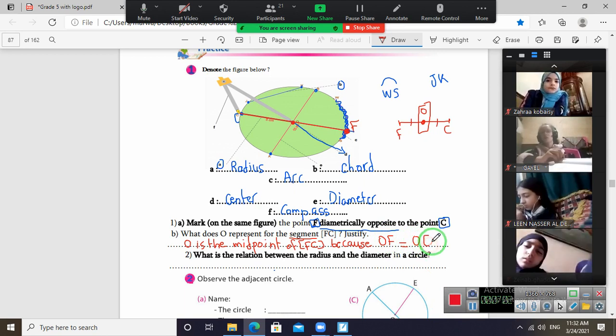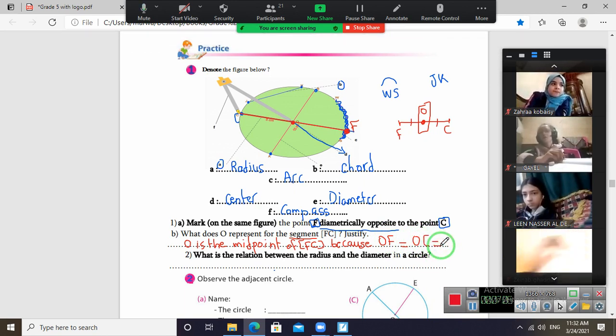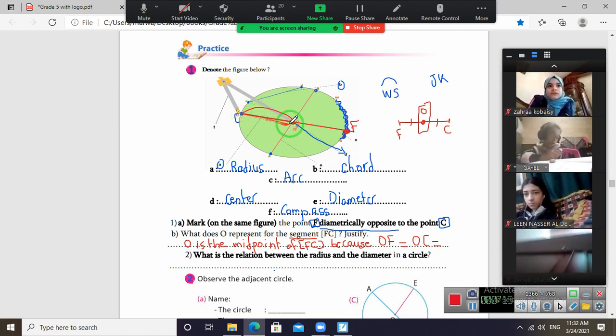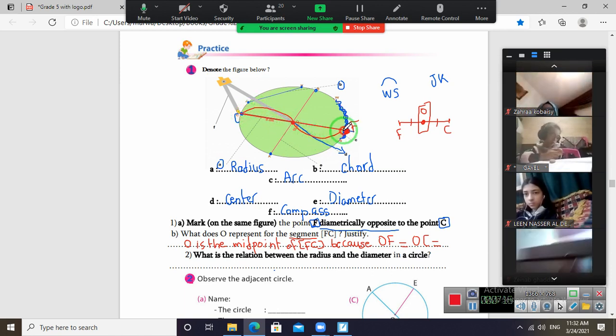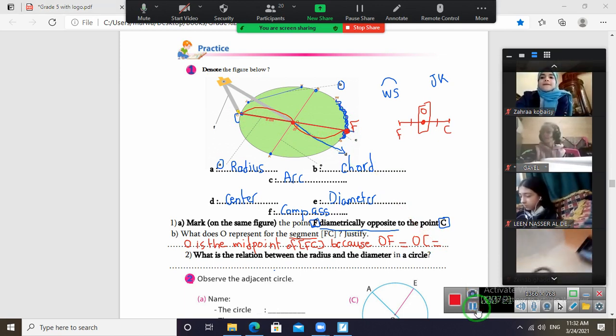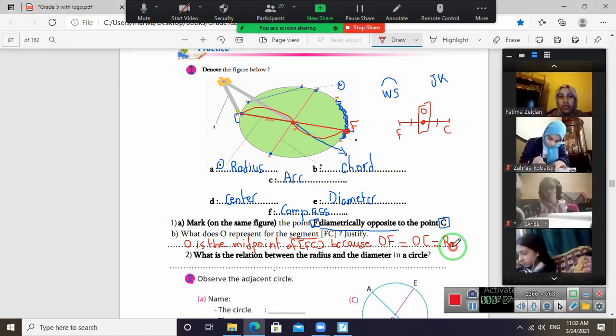And OF and OC with respect to the circle are what? Not FC, OC and OF. OC and OF are what? Radius. Very good.